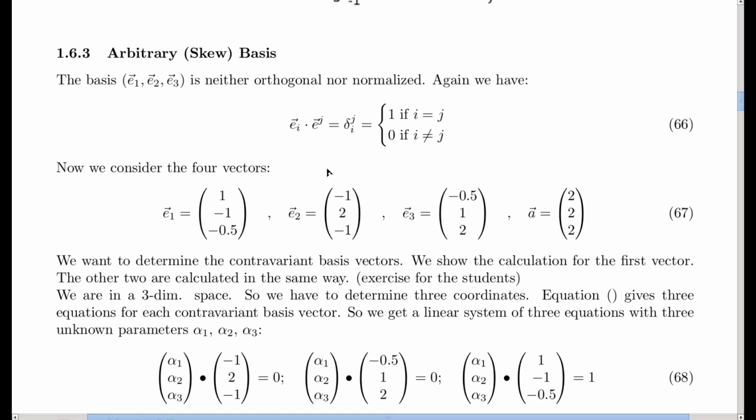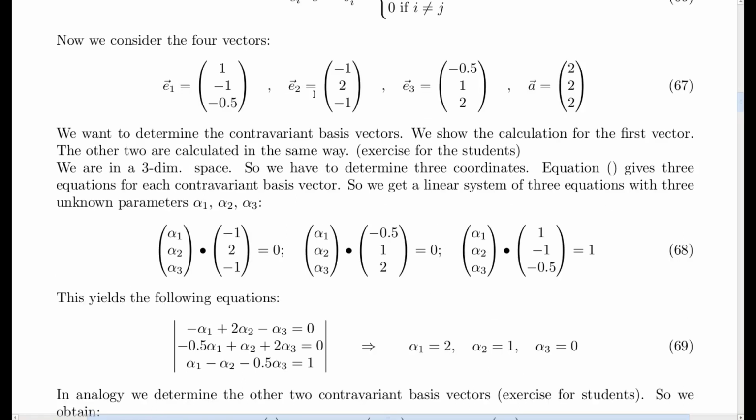And now we consider the following bases. E1 is 1, minus 1, minus 0.5. E2 is minus 1, 2, minus 1. And E3 is minus 0.5, 1, and 2. And we consider an arbitrary vector with the coordinates 2, 2, and 2.